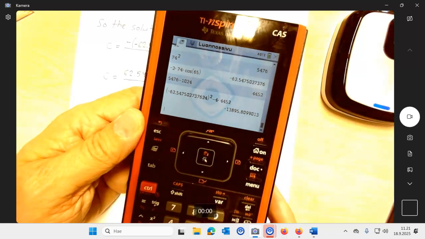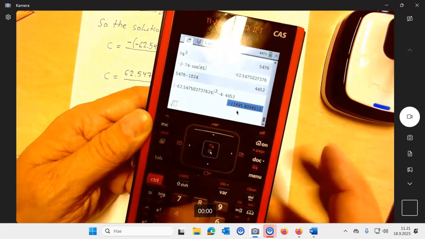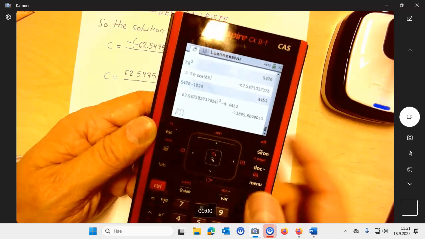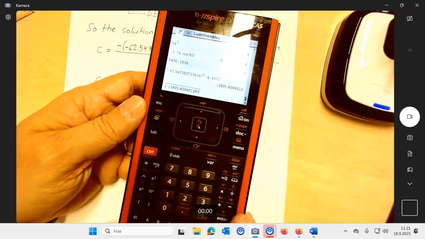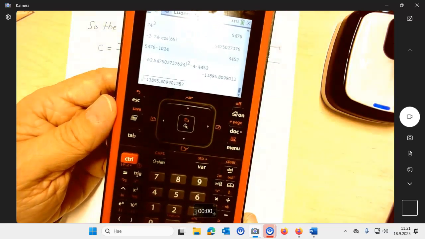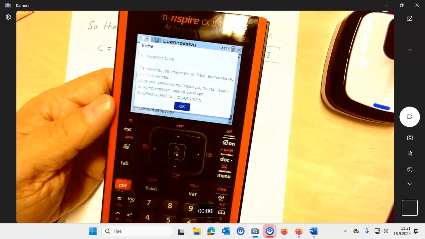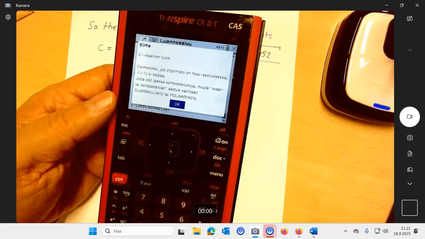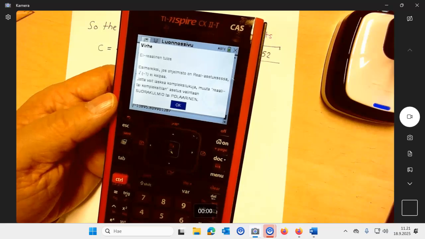And this is always a problem, because if I try to get the square root of that number, I try to calculate the square root of this negative number, and there is lots of Finnish text. Virhe means mistake or error. Ei-reaalinen tulos means non-real result.